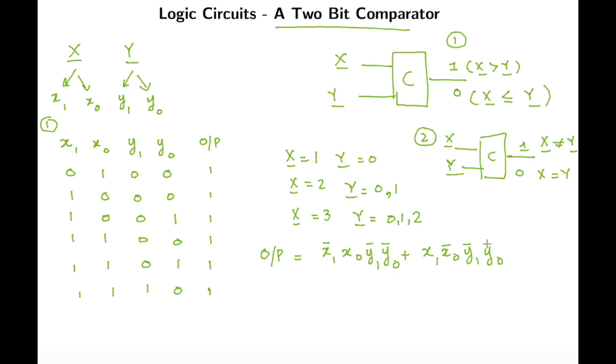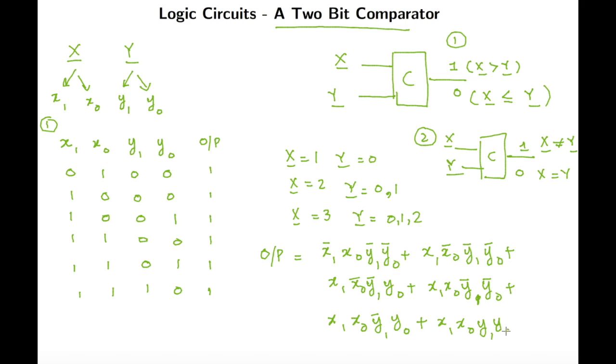Then the next one is x1, x0 bar, y1 bar and y0. The next one is x1, x0, y1 bar, y0 bar, plus x1, x0, y1 bar, y0, plus x1, x0, y1, y0 bar.